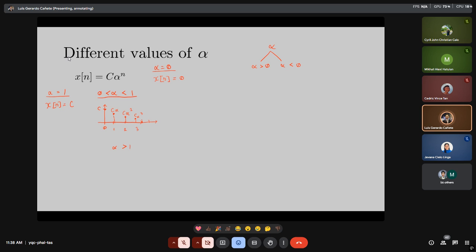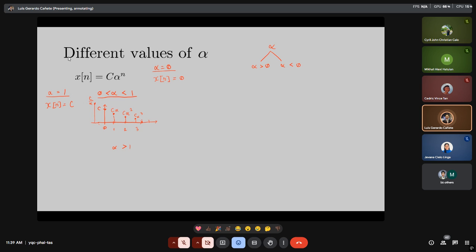By the way, before I continue with alpha greater than 1, if we go in the opposite direction, then that means this is going to be also expanding towards the negative side. So whatever that is, that's going to give you, let's say, for example, c over alpha, right?